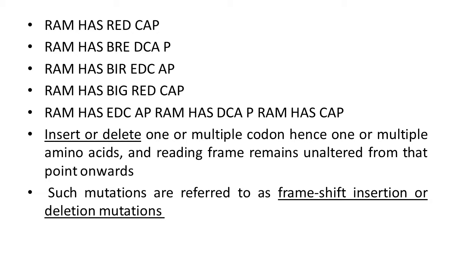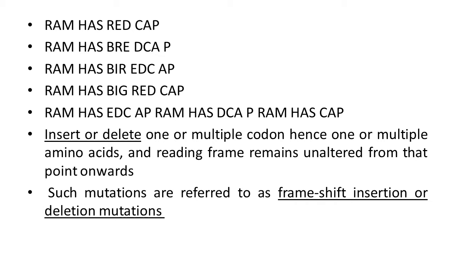Here you can read some sentences. Suppose the first sentence is Ram has red cap. If we insert a letter B in between has and red and rearrange the statement, it would be read as follows: Ram has BRE DCAP. So the condition is now changed.